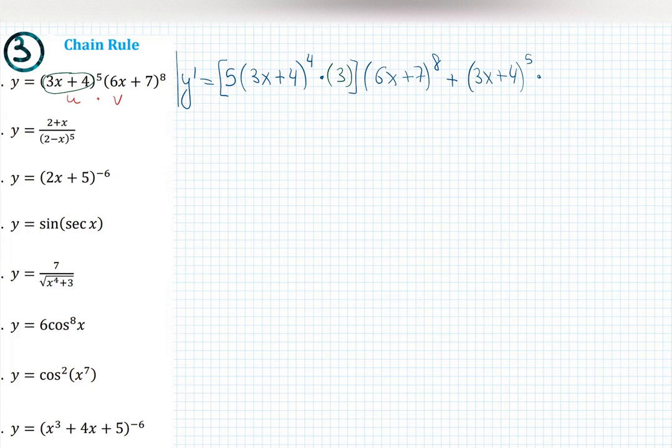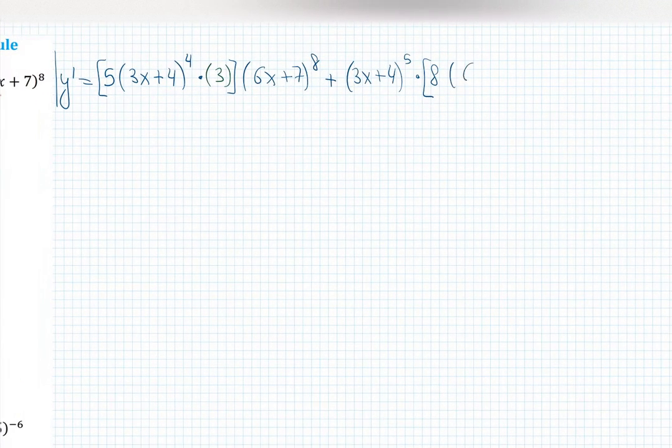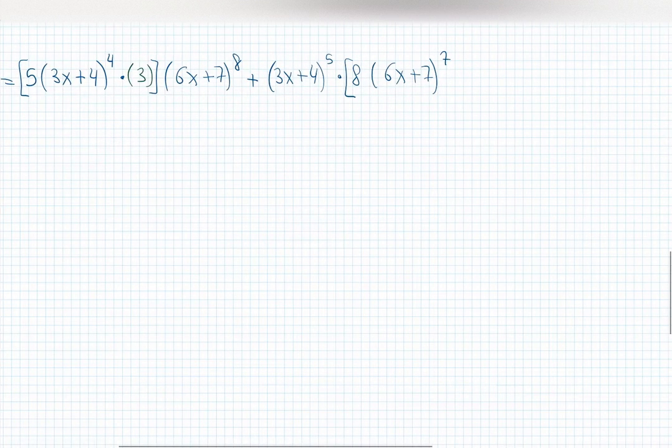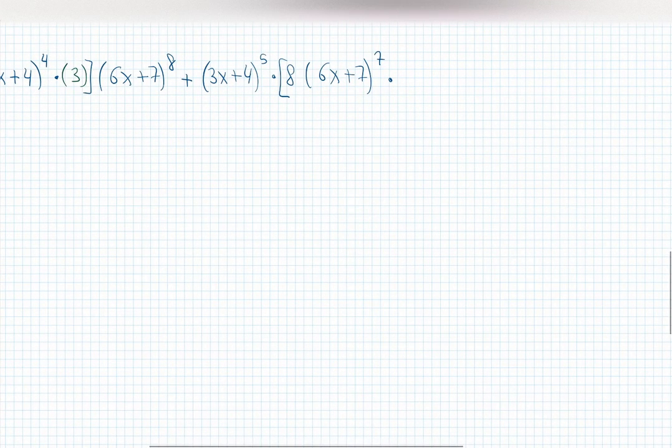I cannot touch it yet. So first, I know we need to use a power rule, which means 8 goes down, multiply by 8, copy the function inside, 6x plus 7, change the exponent, now it's raised to the 7, times the derivative of the function inside. Function inside is 6x plus 7, so it's going to be times 6.